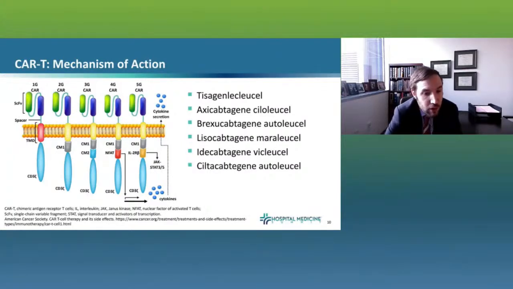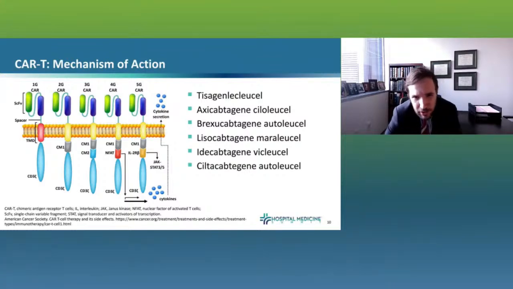So the most important thing to keep in mind for even determining if a CAR T cell is going to work is if you have an appropriate target on that tumor. The most common ones, we look over here, tisagenlecleucel, axicabtagene, lisocabtagene. Those are for diffuse large B-cell lymphoma. They all target CD19, which is ubiquitously expressed on the lymphoma cells.